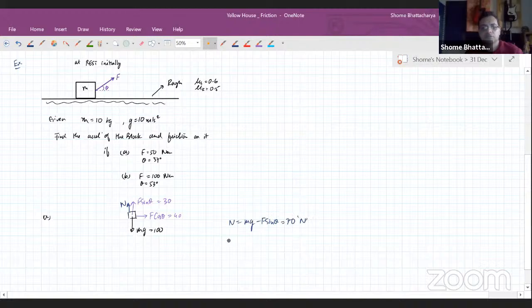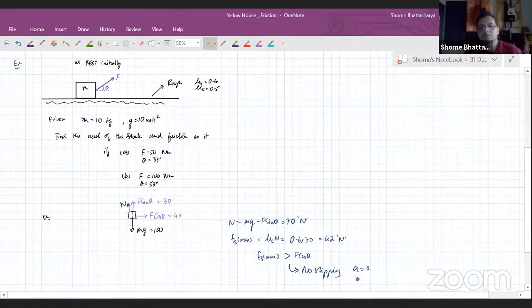So you can see that maximum friction is going to be 0.6 into 70, so that is 42 newtons. The maximum friction available is greater than F cos theta. So this will show that there is no slipping.